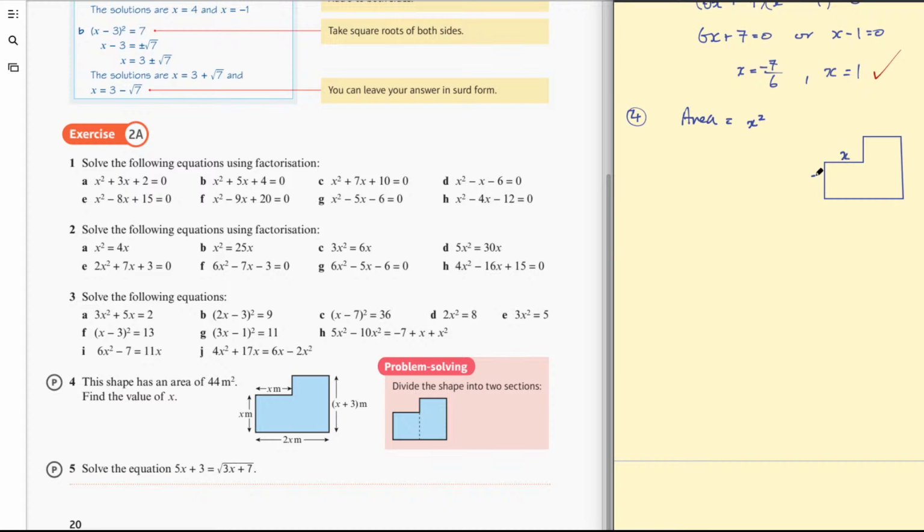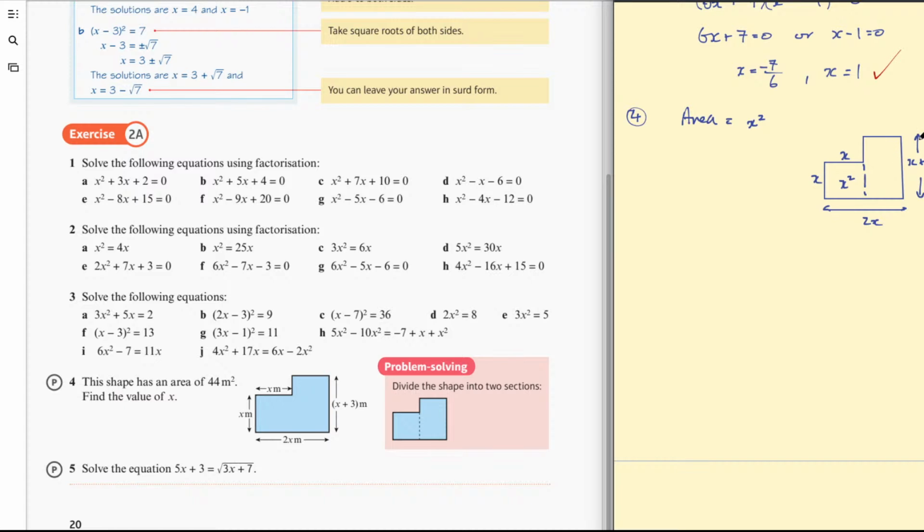These lengths were x, this length was 2x, and this is x plus 3. And we divided it in 2, so this area was x squared.